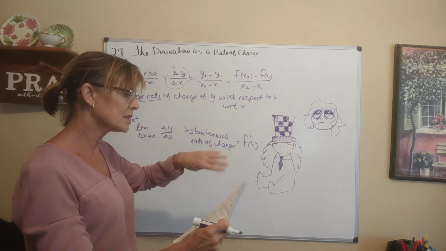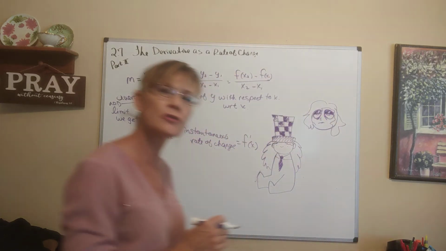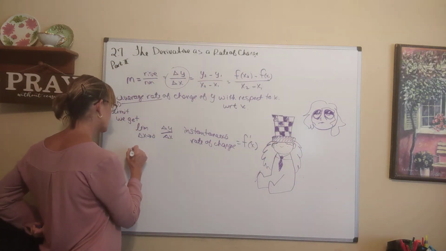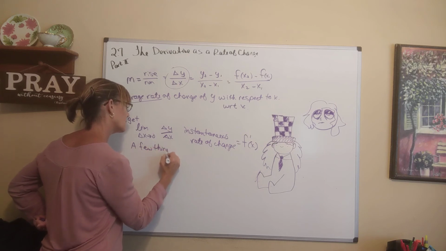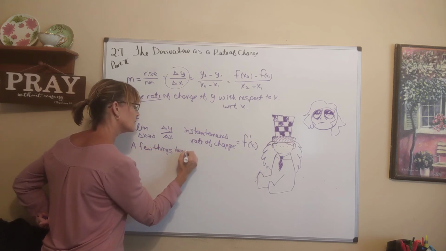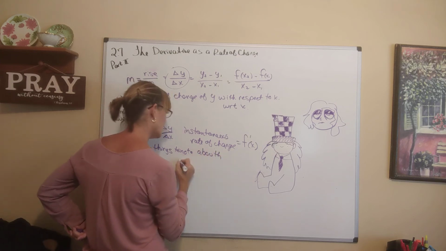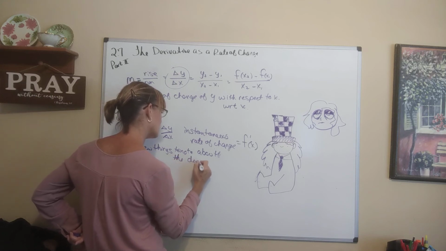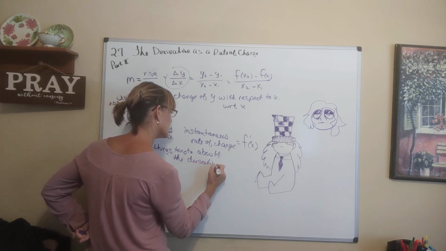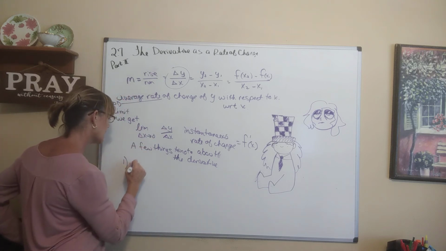So now we're going to look at this example. But before we look at the example, here are a few things to note about the derivative. Number one, the derivative is a limit.